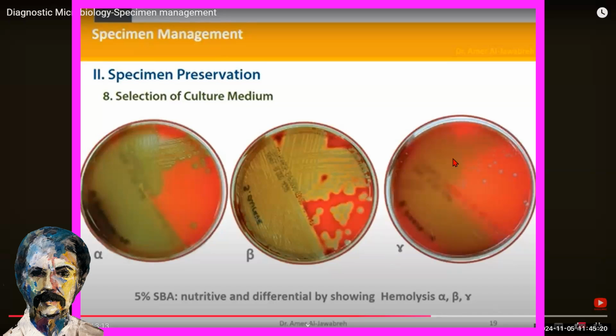Gamma, very weak or sometimes no hemolysis at all, like enterococci. So we have alpha, beta, gamma. The highest, the complete hemolysis goes for beta. Partial goes for alpha. No hemolysis or very slight goes for gamma. And for this reason, we call 5% SBA as differential media, which is originally supportive and all-purpose use.